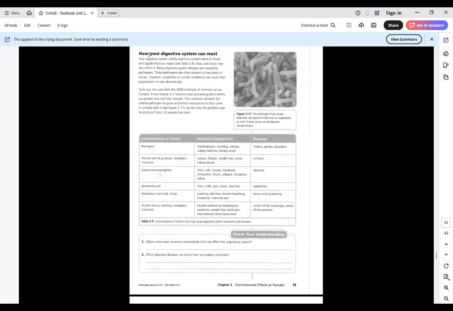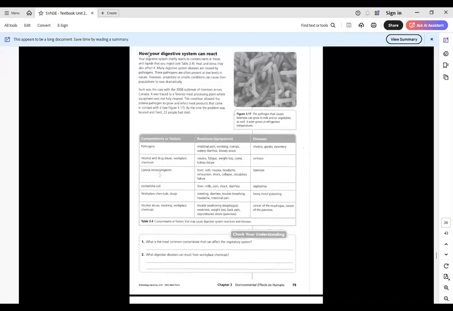Okay, the next one has a big name there, Escherichia coli. That is E. coli. E. coli, a lot of people would have heard of. We talked about this earlier when we were talking about water having E. coli in it in a little town in southern Ontario, and many people got sick, some people died from E. coli being put into the water.